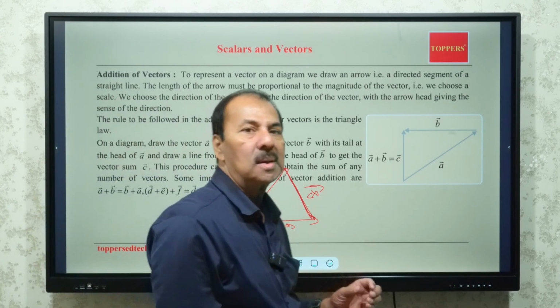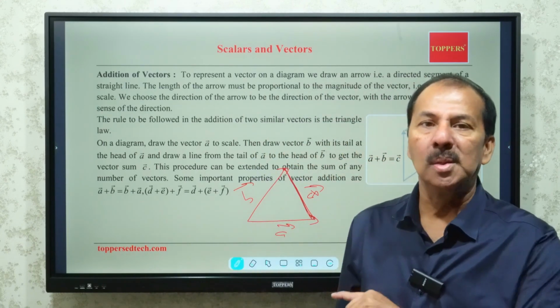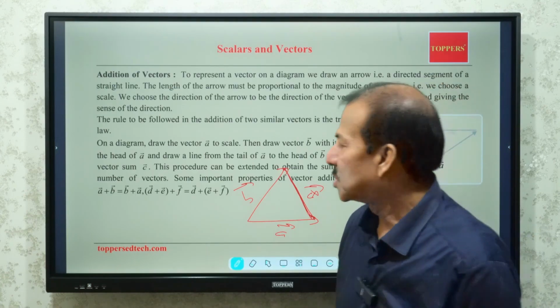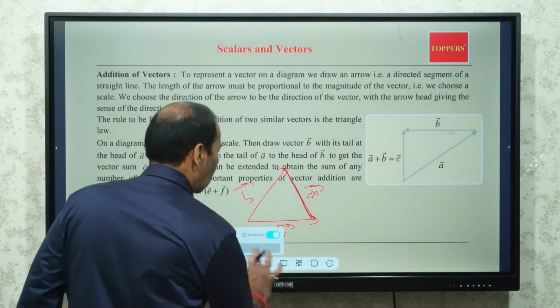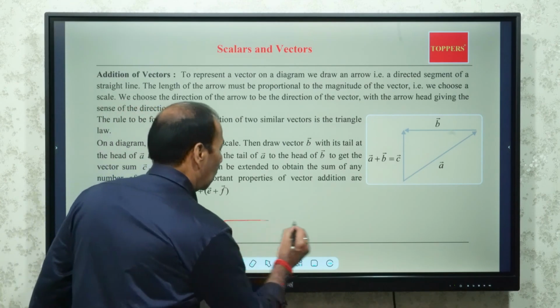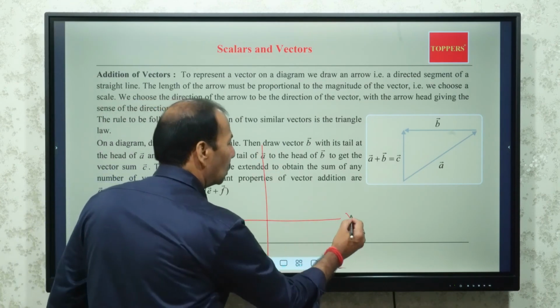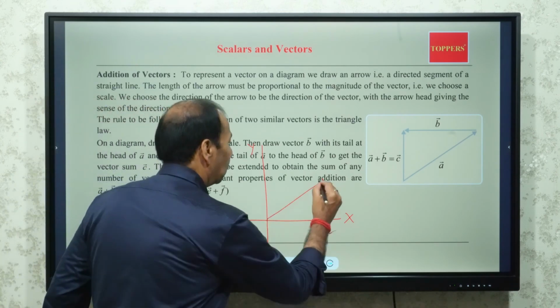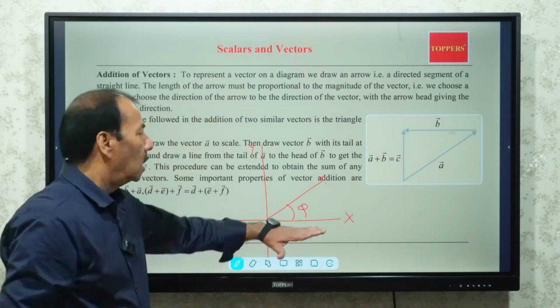And the sign convention is that angles are always measured in the anti-clockwise direction. Suppose this is your x-axis and this is your y-axis. Angles, let us say theta, are always measured in the anti-clockwise direction.